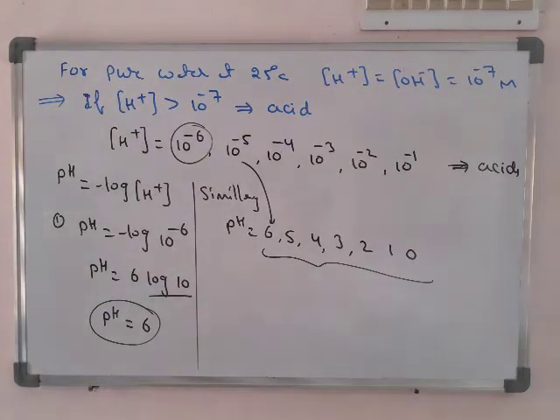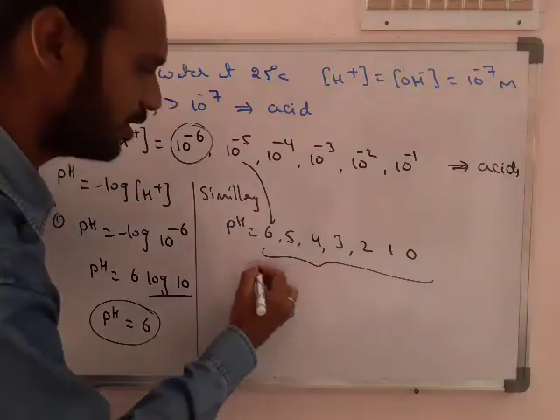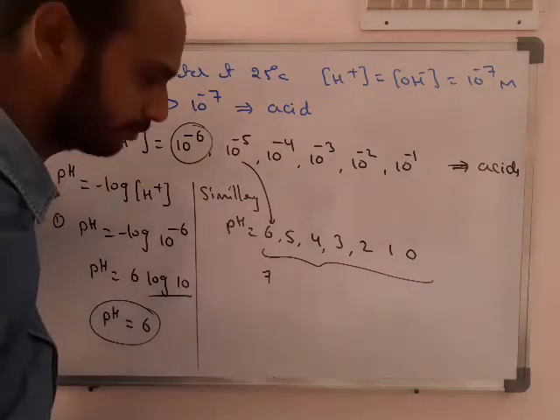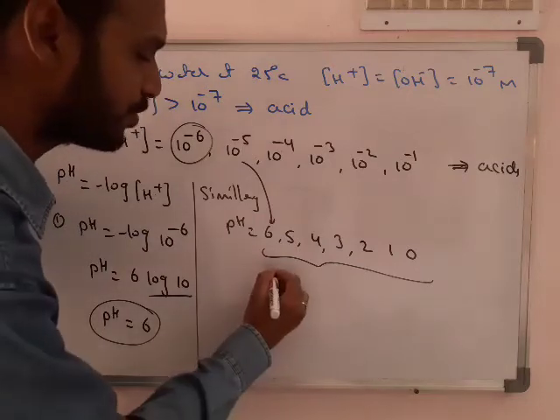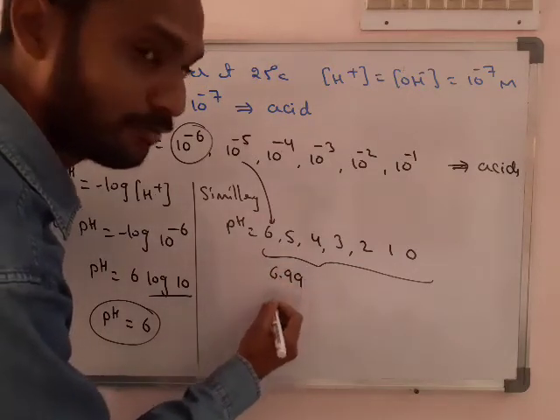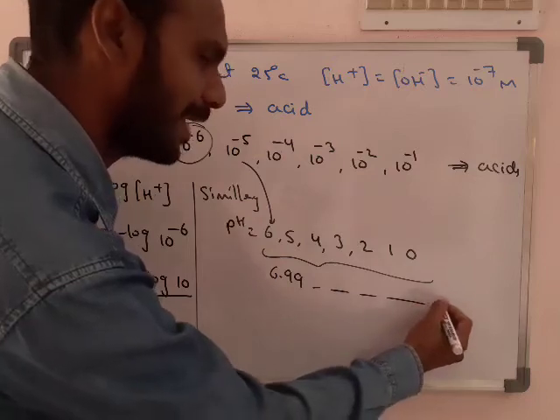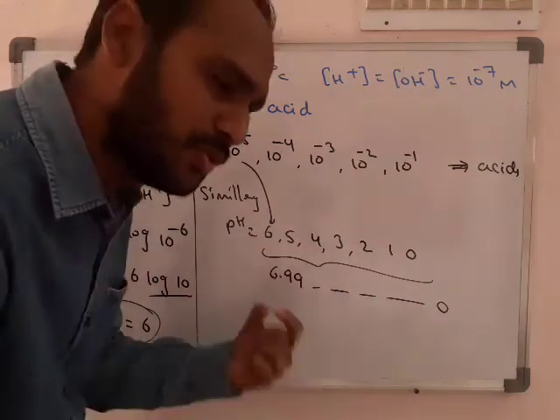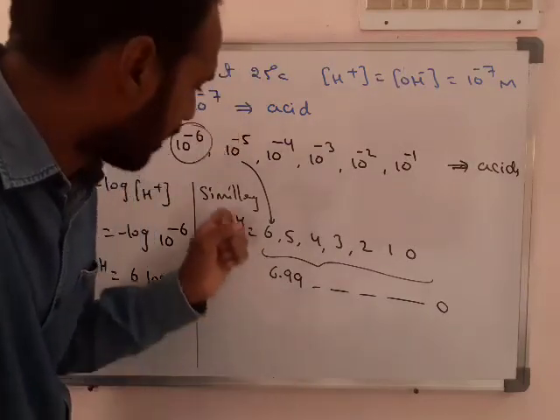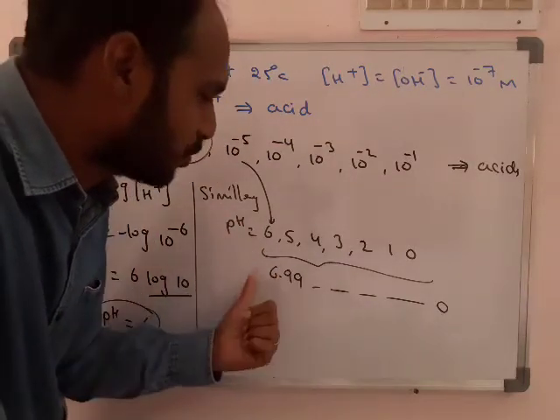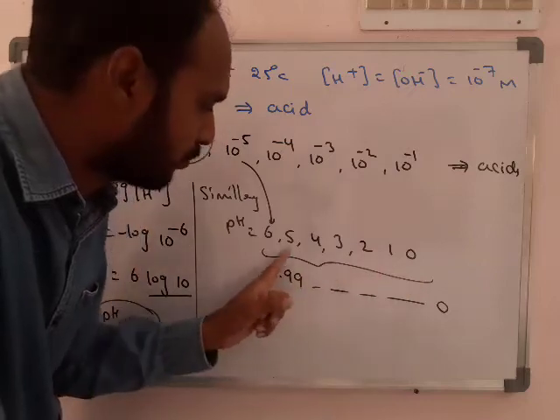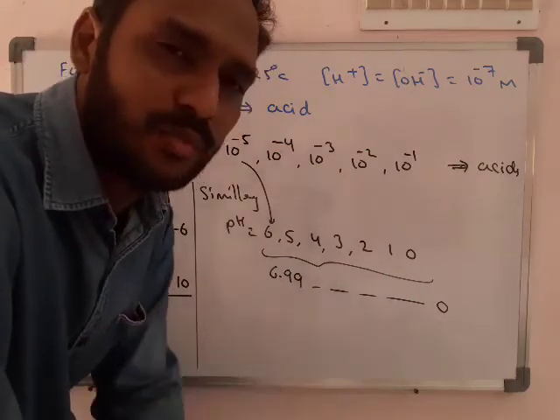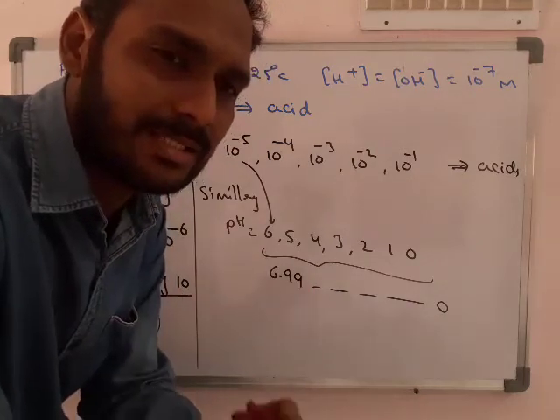From 6.99 to exactly 0. For example 5.65, whatever the value, the values from 0 to 7, that is 0, 1, 2, 3, 4, 5, 6, not 7, leaving 7. All these values indicate acids.